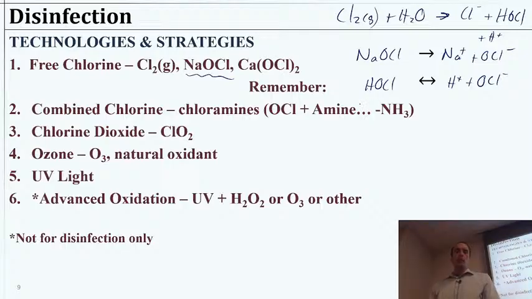This becomes really important, actually, because HOCl is a much stronger oxidant than OCl minus and a much stronger disinfectant. I think the oxidation potential is something like 10 times different, but the fact that HOCl is not charged makes it more capable of entering cells, slipping through where the charged OCl minus is not so able.